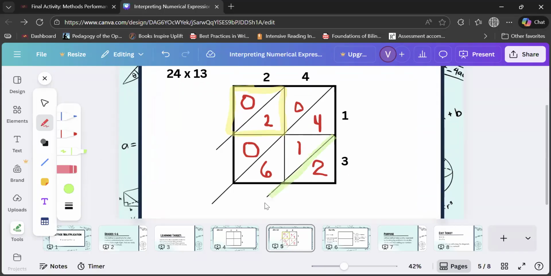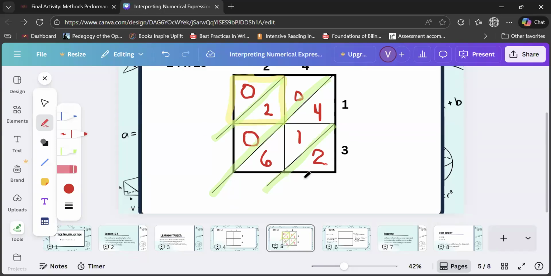So this is one line, and this is another line, and this is another line, okay? You're just adding what's in between this section. So for the first section, we have only a 2. The numbers that we put at the end are what is going to give us our answer. So we're going to bring down our 2 since we don't have any other numbers to add it with.